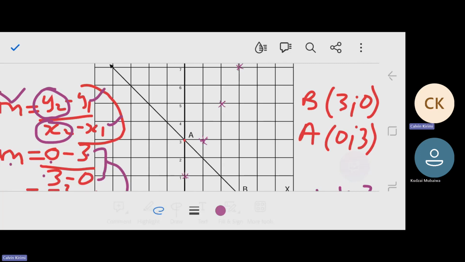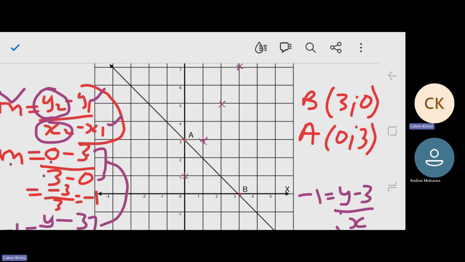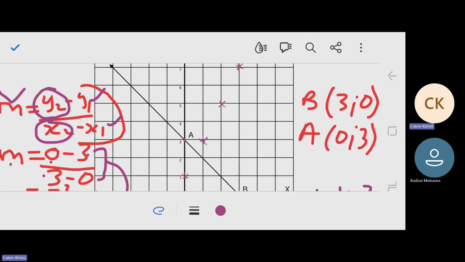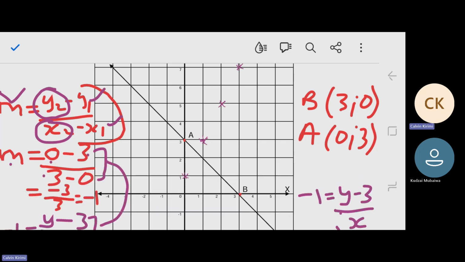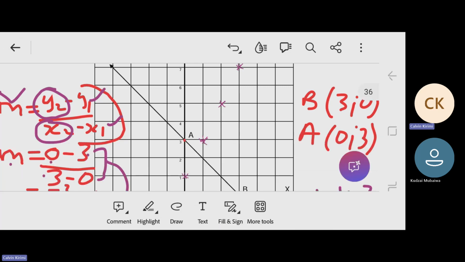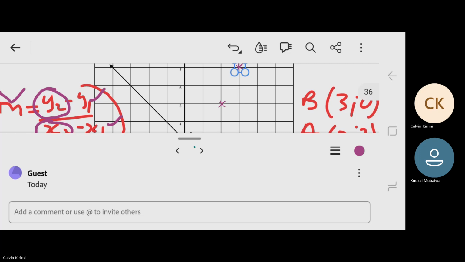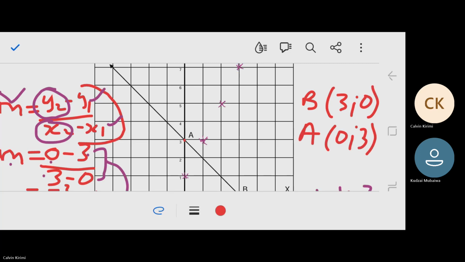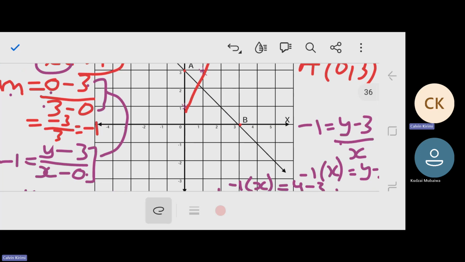Use a ruler to join the points. It must be straight, so that it does not give you wrong results. So that's how you do it. It must pass through all the points, straight, going upwards.